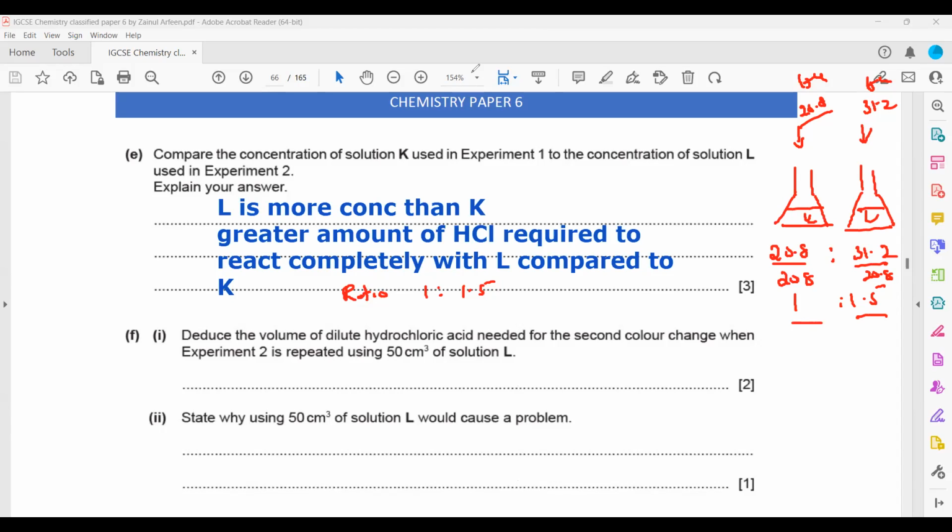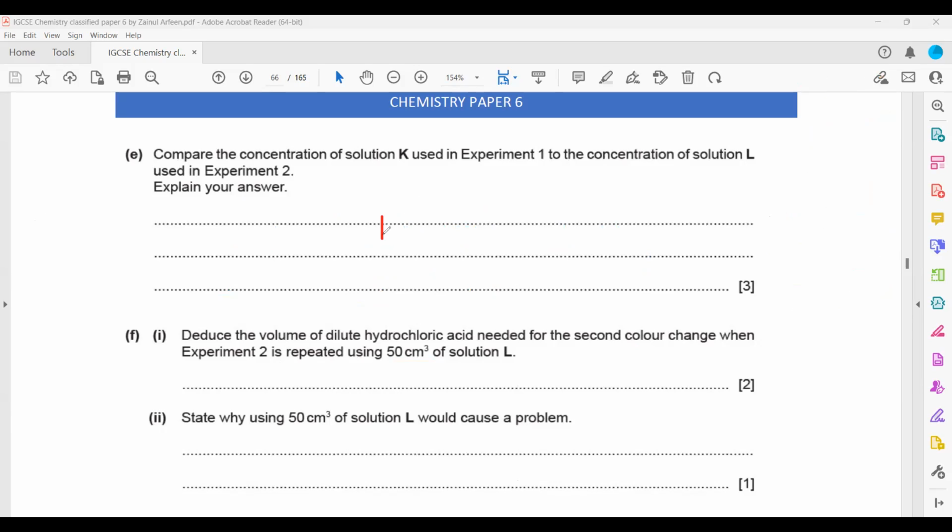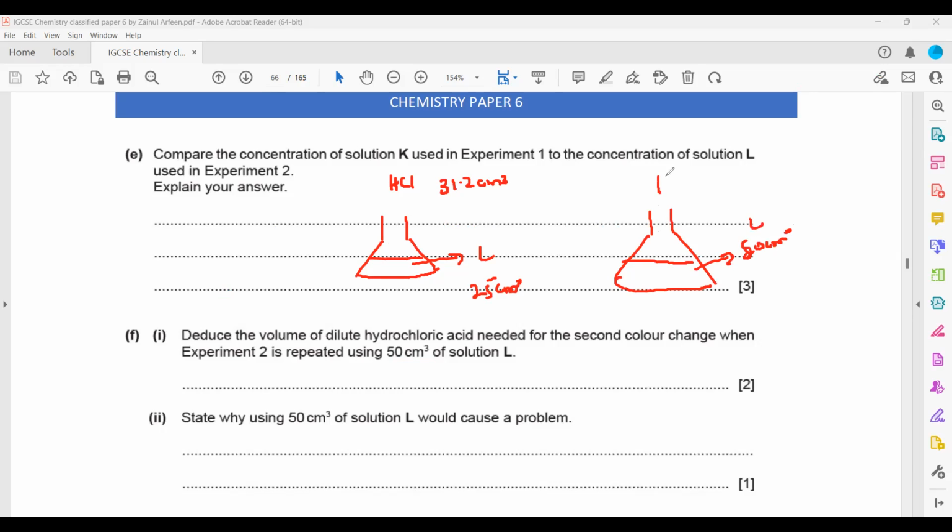Yes, clear. The next one: deduce the volume of hydrochloric acid for the second color change when experiment 2 was repeated with 50 cm3 of L. Look, first, when we did this experiment, we took 25 cm3 of L. And how much hydrochloric acid was needed? 31.2 cm cube for 25 cm3 of L. They're saying if we double the volume of L, instead of 25, now it's 50 cm3 of L, how much HCl is needed?